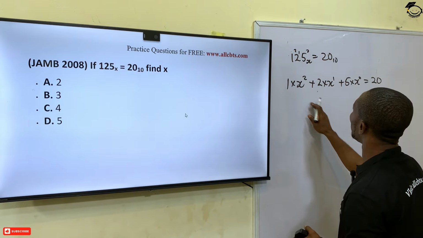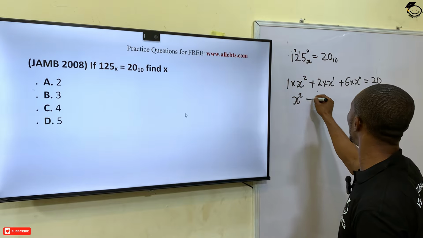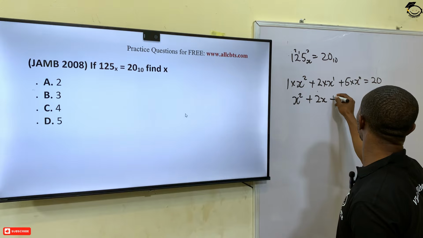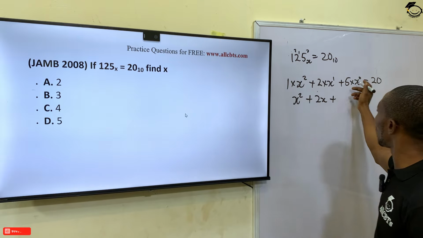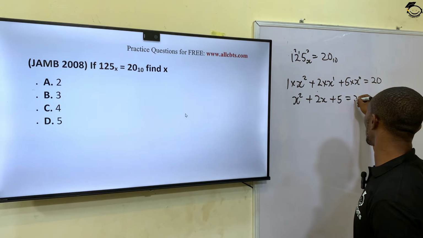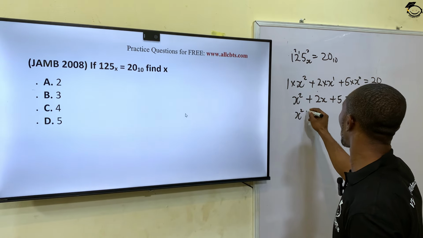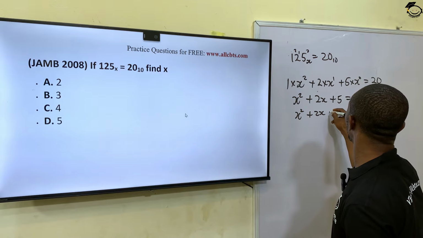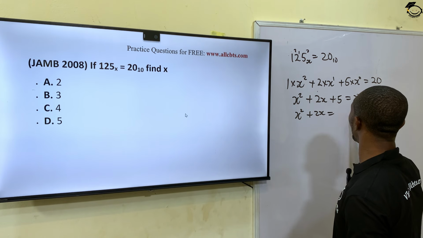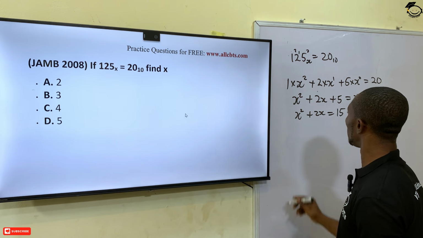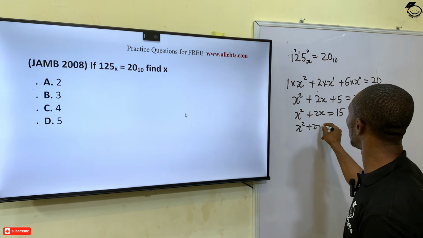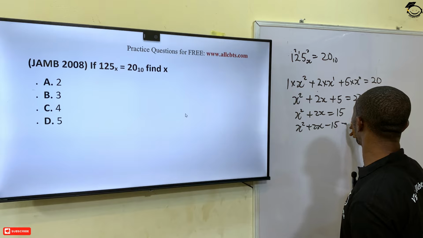All right, now this becomes x squared plus 2x plus 5, since anything raised to power 0 is 1, equals 20. So x squared plus 2x equals 20 minus 5, which will give us 15. So x squared plus 2x minus 15 equals 0.